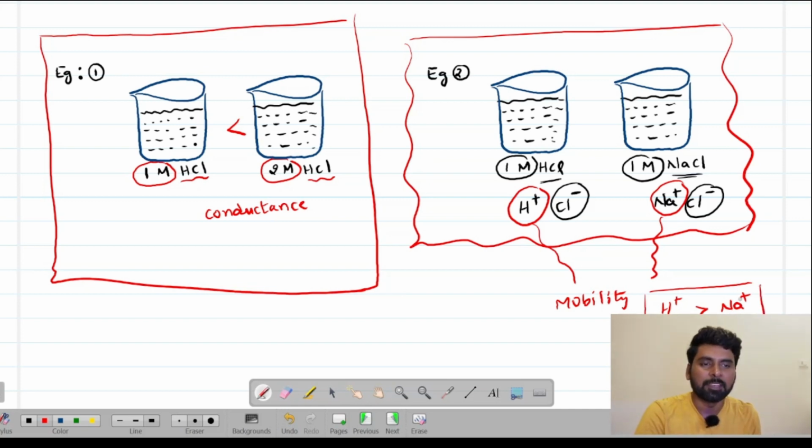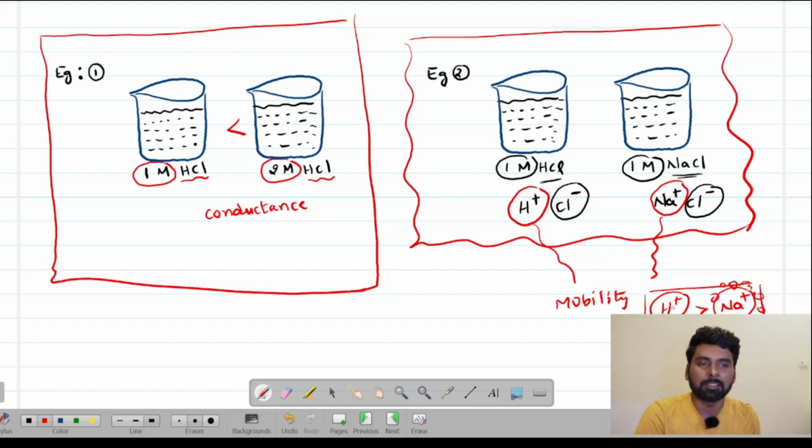For the Na plus ion, hydration takes place around it. That is one reason. If hydration takes place, wherever Na plus wants to go, it will go along with the hydrated layer. And when you compare the size of H plus and Na plus, obviously H plus is smaller in size. The smaller the ion, the more will be the speed of that ion.